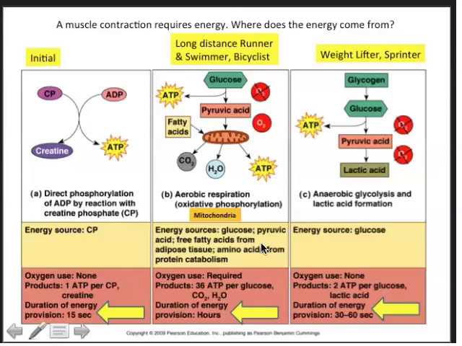In aerobic respiration, which is the kind of energy production that occurs when there's enough oxygen around, the most prevalent fuel that muscle will use is glucose, which is available in two places. It's available inside the muscle cell itself as a polymer called glycogen, and it's also available from the bloodstream as free glucose molecules.